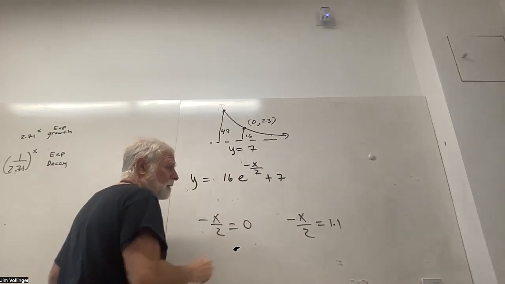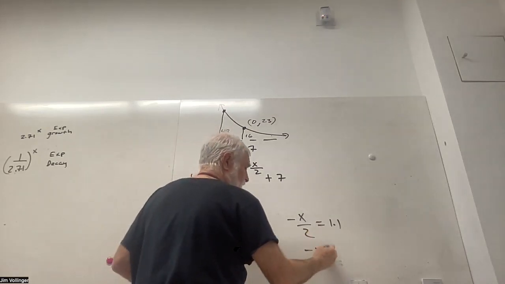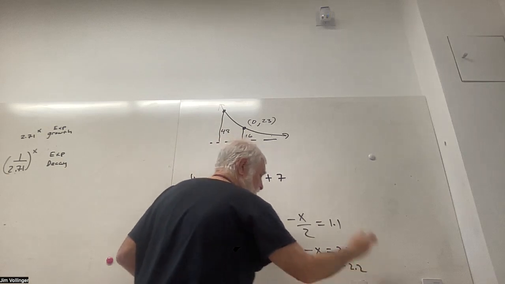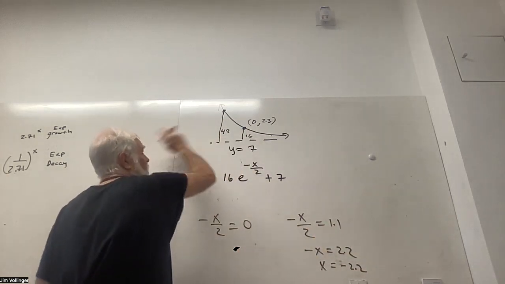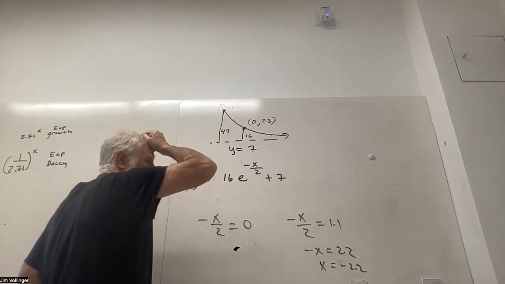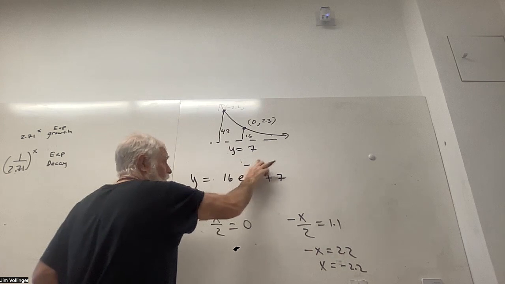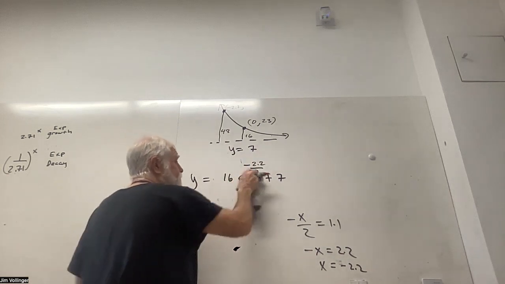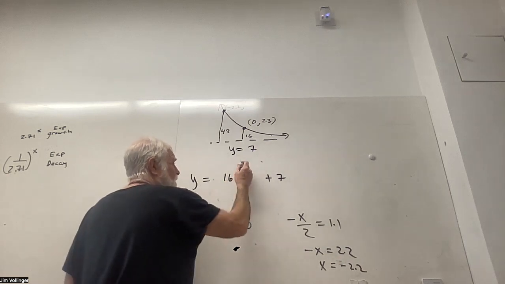This one over here, minus x equals 2.2. Sure looks like x is negative 2.2. Well, that's good because a negative is to the left of 0. And that's going to get me, let's show you, negative 2.2 divided by 2, negative 1.1.